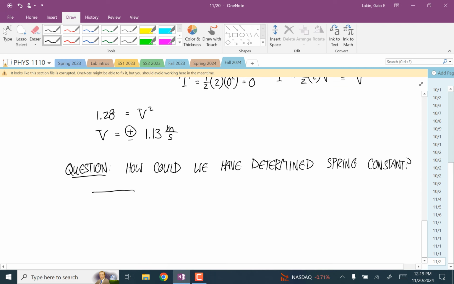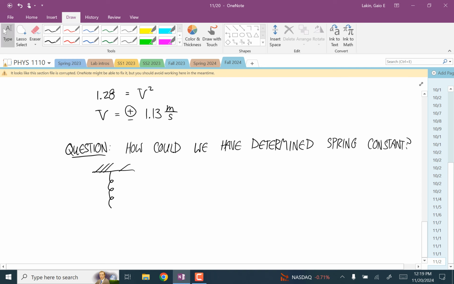Well, if you hang an object with a known mass from this spring, let's do it with the cart while we have it, it's already attached to the spring.